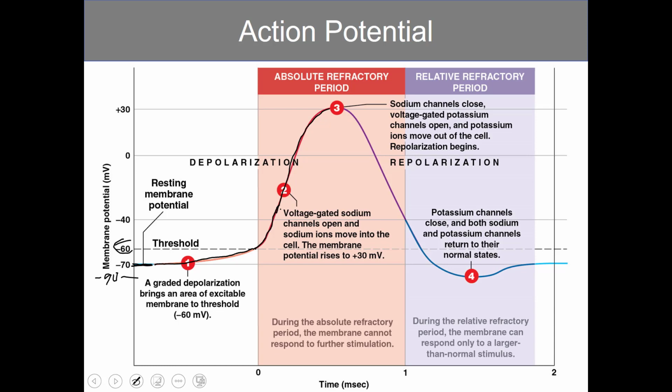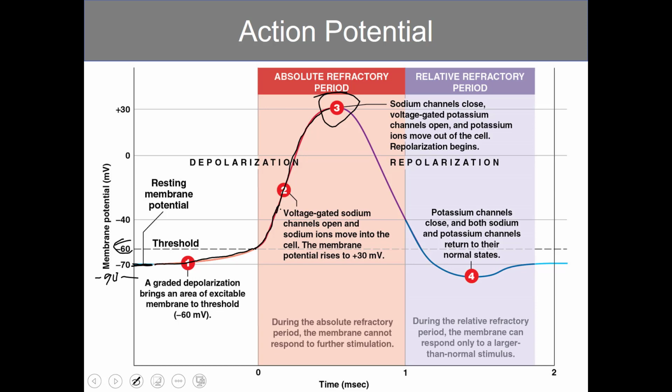All of that, from threshold up to the positive 30 we see here at step 3, this starts the absolute refractory period. Remember, absolutely under no circumstances can a second action potential be initiated. Once we have reached positive 30, we know what happens up here. The sodium channels close, the voltage-gated potassium channels open, and potassium starts to flood out of the cell.